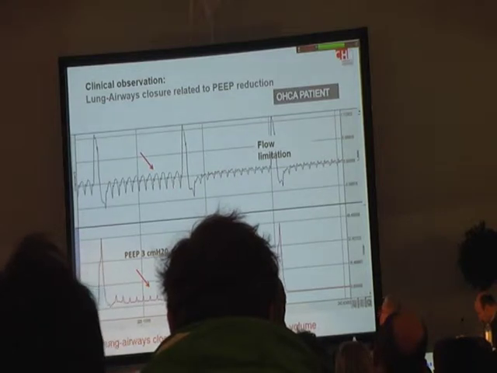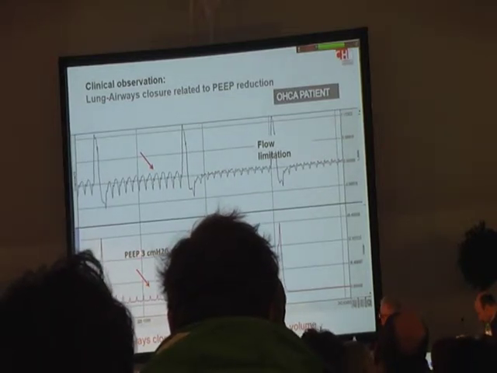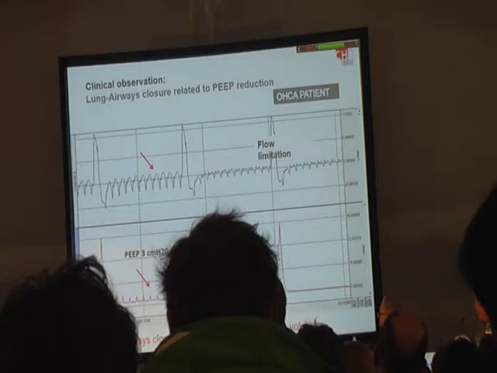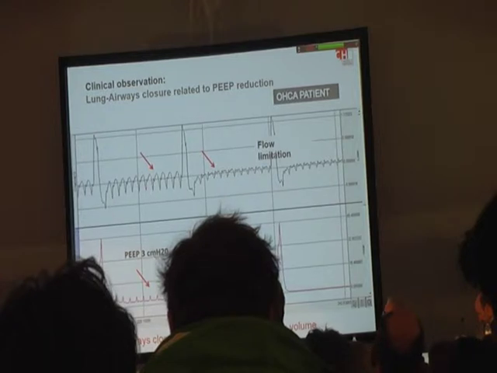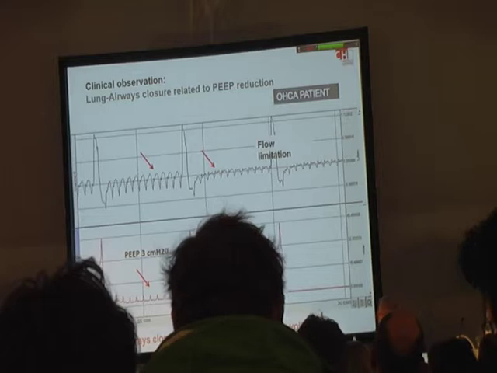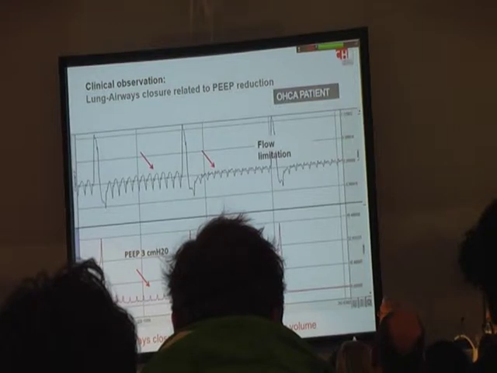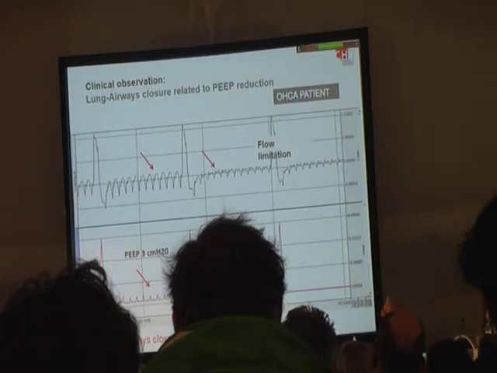As expected in this example, when you reduce the PEEP level, the positive pressure at the airway opening, from 3 centimeters of water to 0, you can observe that the flow entering the thorax during each decompression, which is the volume due to chest compression and very small, is flow limited, suggesting that during the decompression there is an active airway collapse, an active airway closure, not in the tube but somewhere in the lungs.